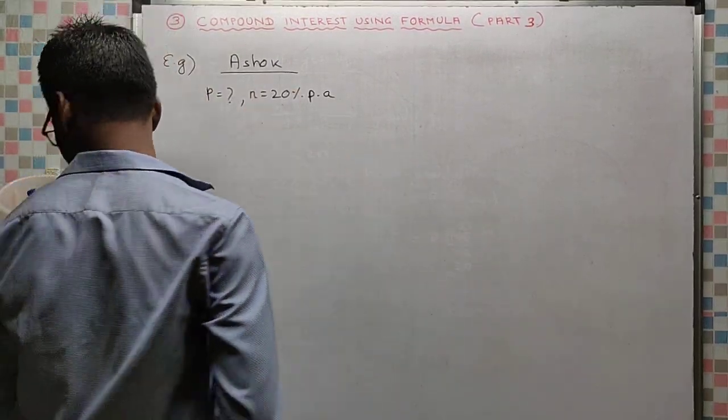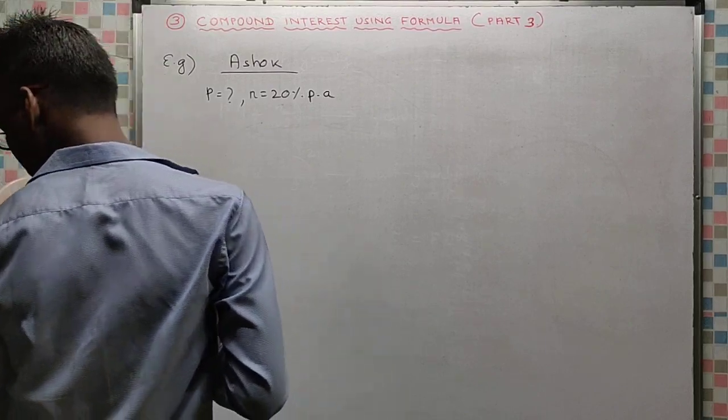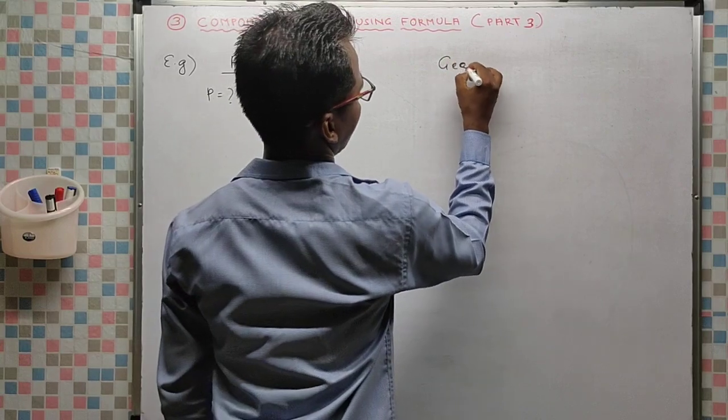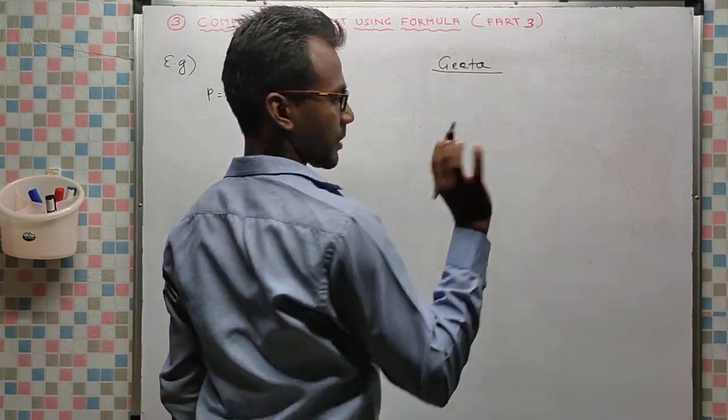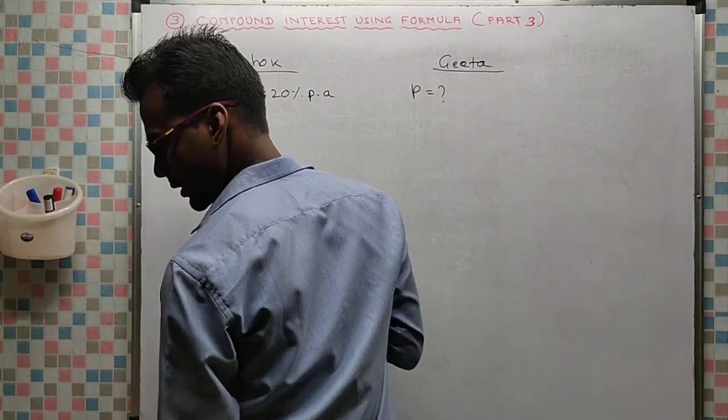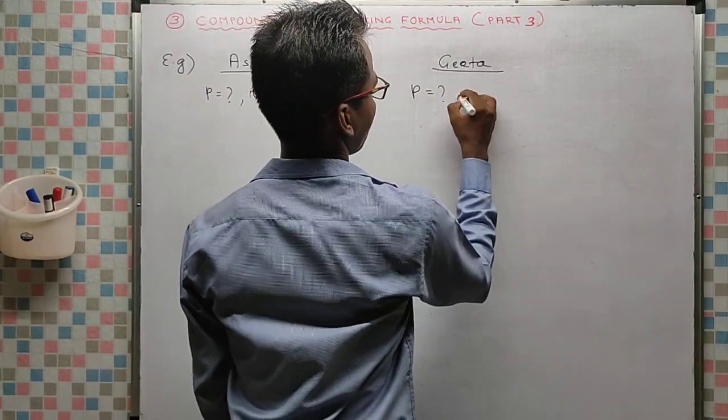So the original formula. Geeta invests the same amount, principal is the same amount, at the same rate.